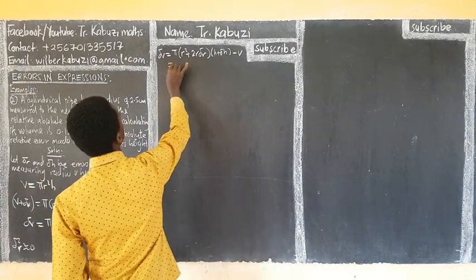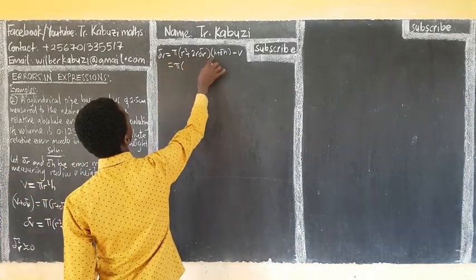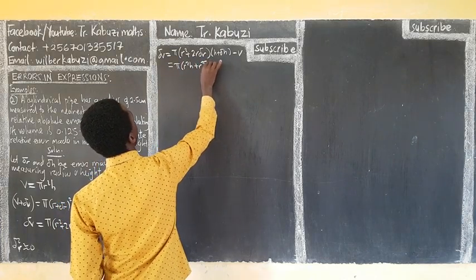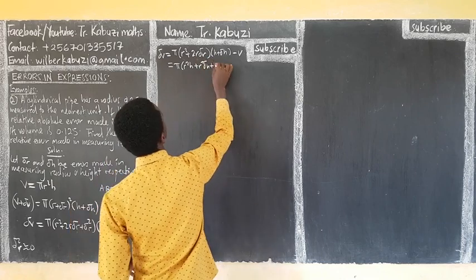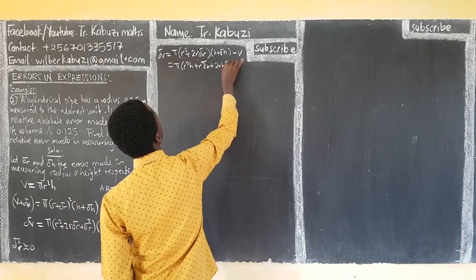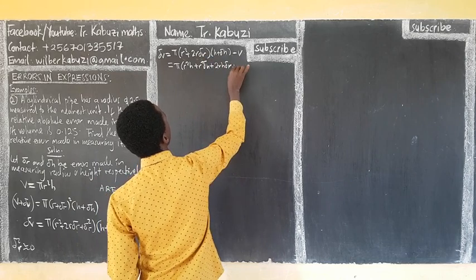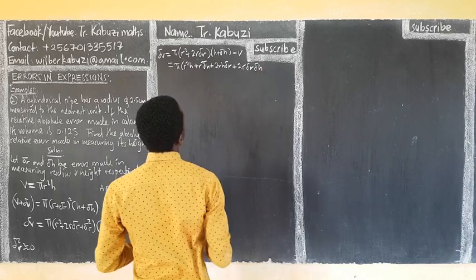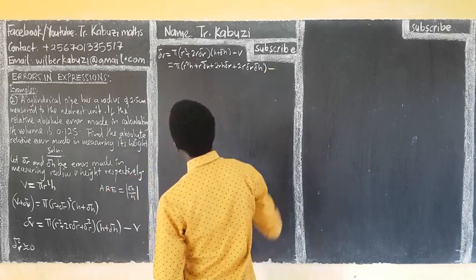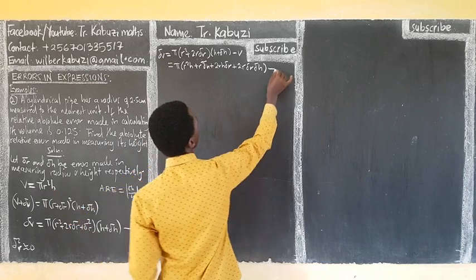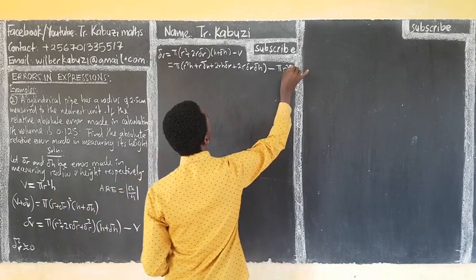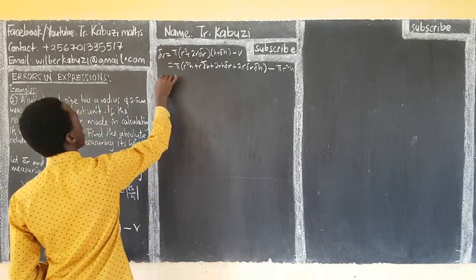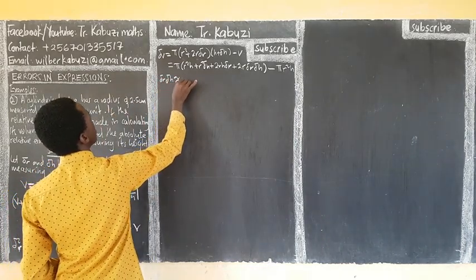Expanding this, we shall have r squared h plus r squared sigma h plus 2rh sigma r, then plus 2r sigma r sigma h, the whole of this minus v. But what is our v? Our v is pi r squared h. Now you got that. This one, sigma r sigma h, will also approximate to 0.